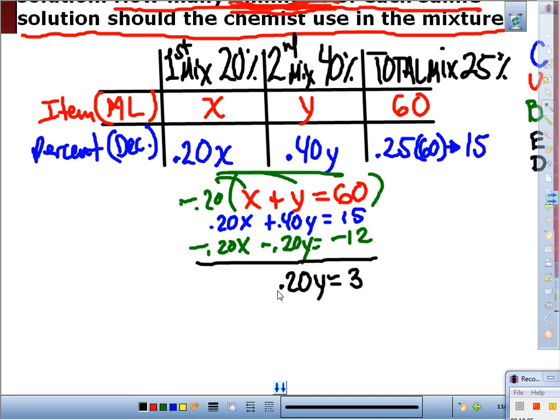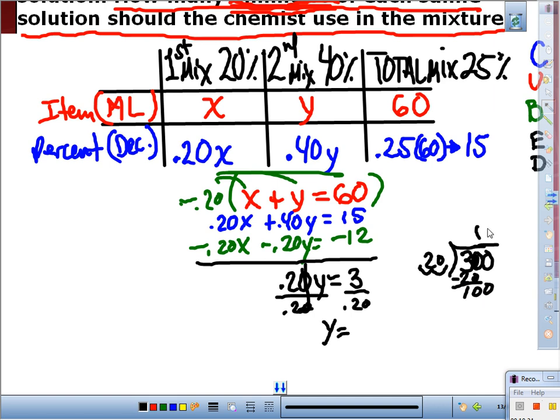And if you got up to right there, okay? From there we divide by 0.20, divide by 0.20. Y equals 3 divided by 0.20. Move the decimal twice, add 2 zeros. 20 fits into 30 five times. So this is 15. Hands if you got that.